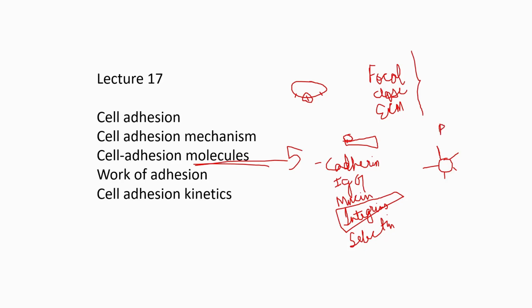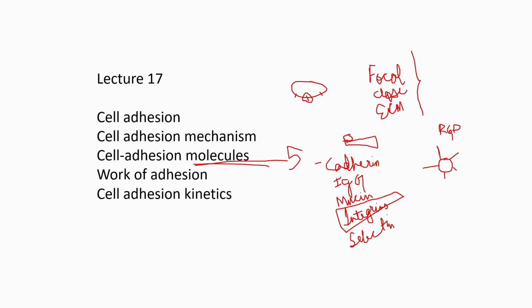RGD is basically a 3 amino acid sequence: arginine, glycine, and aspartic acid.